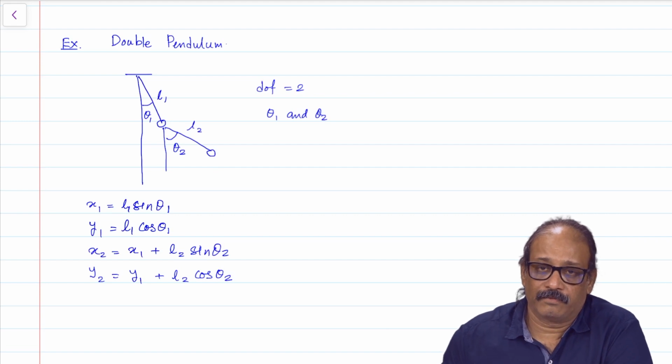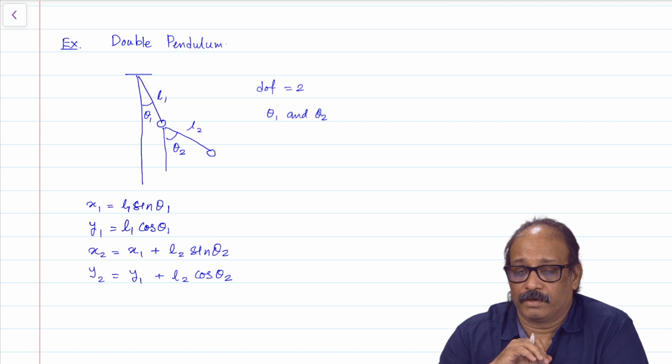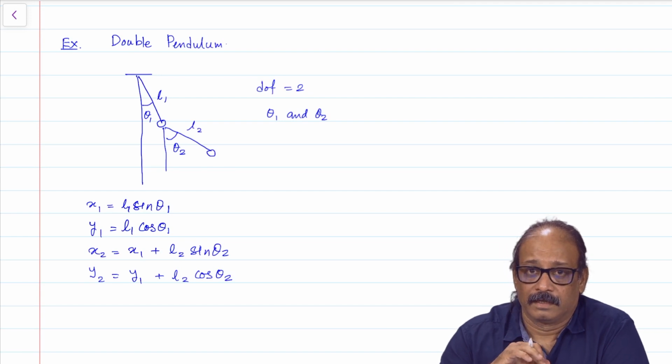But then the question we want to ask is this: what is the geometry of the accessible surface in the configuration space?